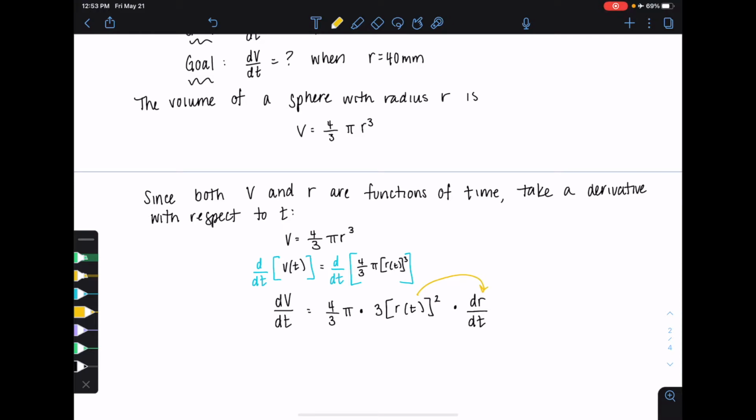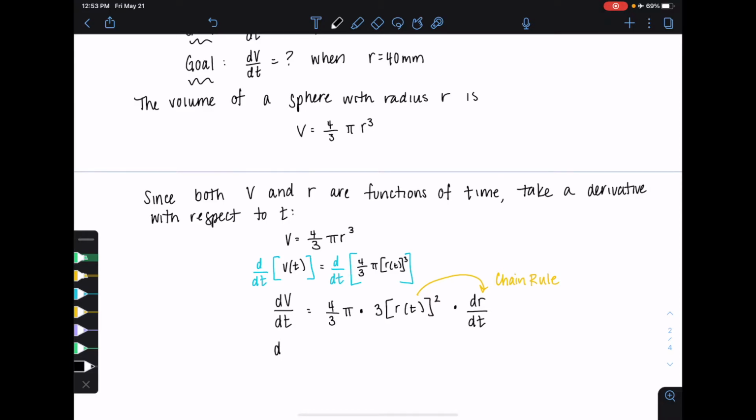So this piece is by chain rule. Just like with implicit differentiation, this variable, the time I'm differentiating with respect to, does not match the variable we're taking a derivative of. So you're getting a V prime and an r prime attached to it. Okay?